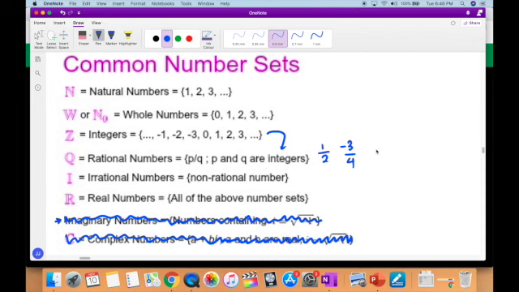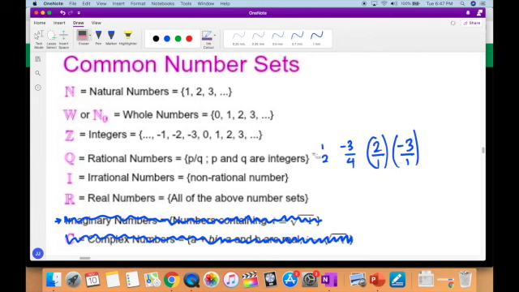How? Where's the number 2 as a fraction? 2 over 1. Where's the number minus 3 as a fraction? Minus 3 over 1. So yes, the integers are a subset of rational numbers. They can be expressed as a rational number.